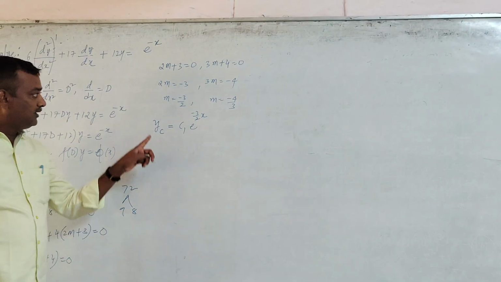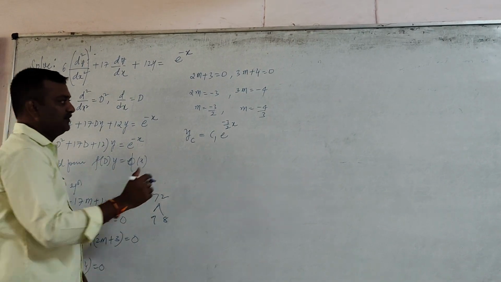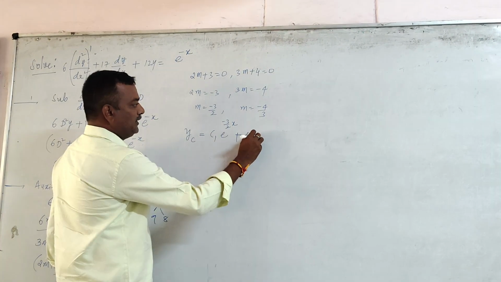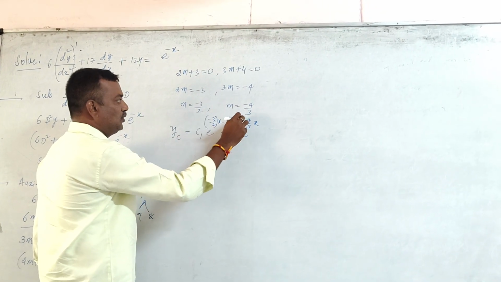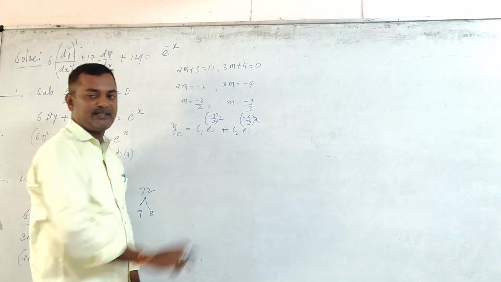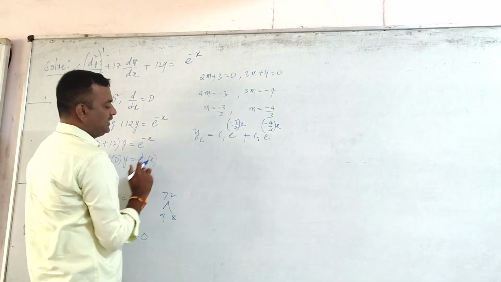I told you already, y is dependent, x is independent. Previously it was different. Plus c2 e raised to minus 4 by 3 x. We are writing the two roots separately and the two constants separately. Okay? Fine. So this is the complementary function.